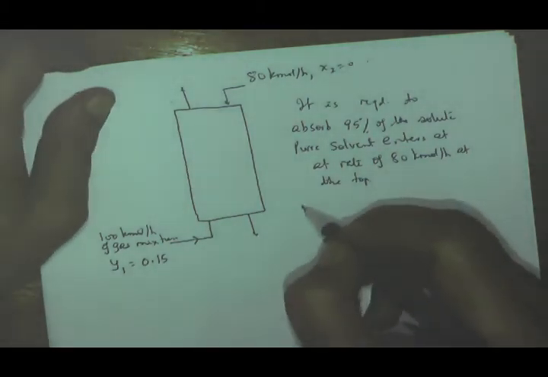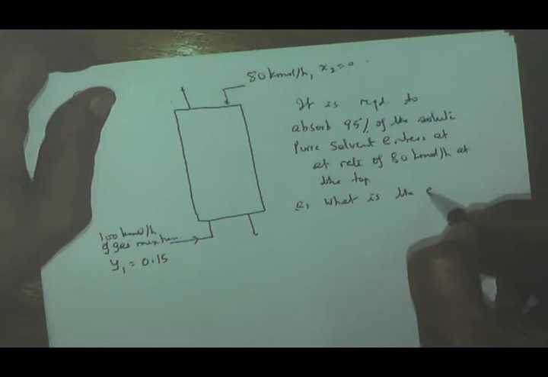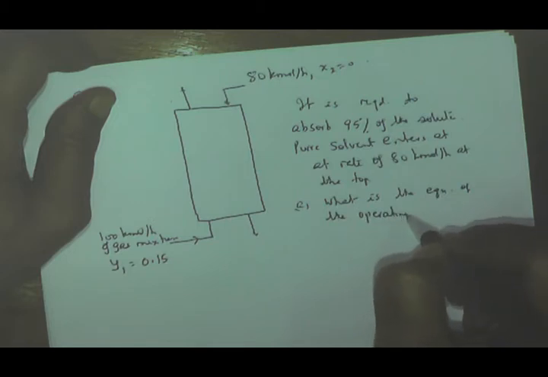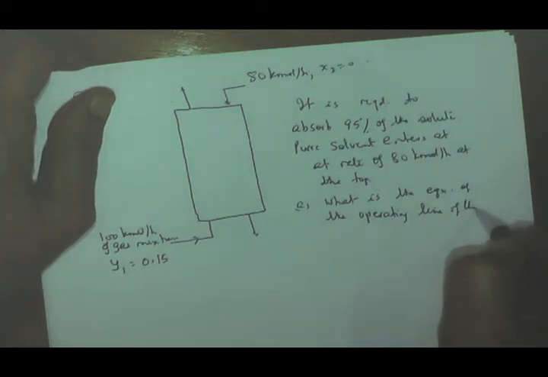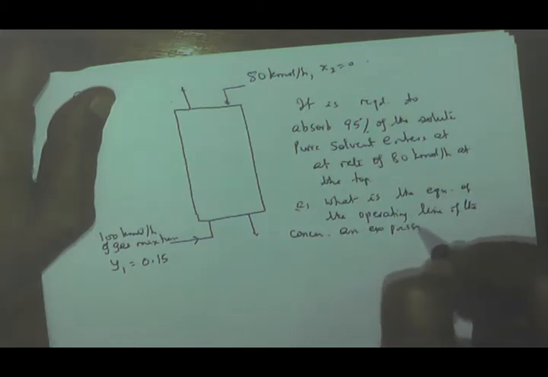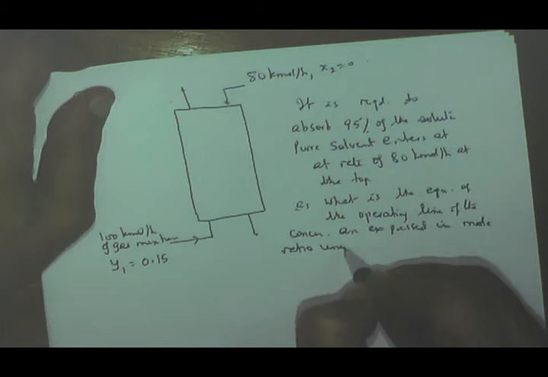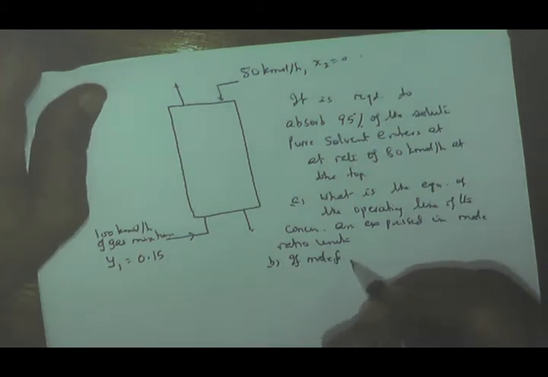And the questions to be answered are: A, what is the equation of the operating line if the concentrations are expressed in mole ratio units, and B, what is the equation if mole fraction unit is used.